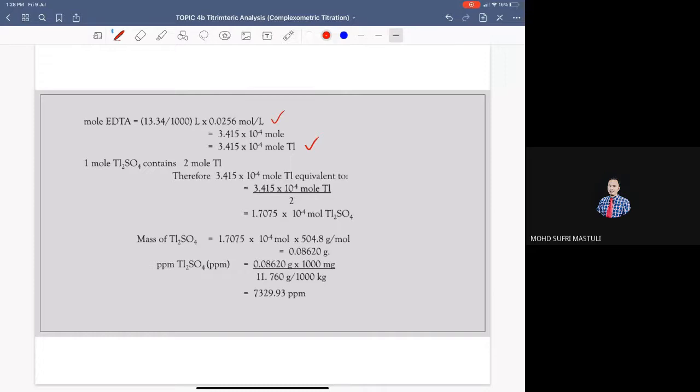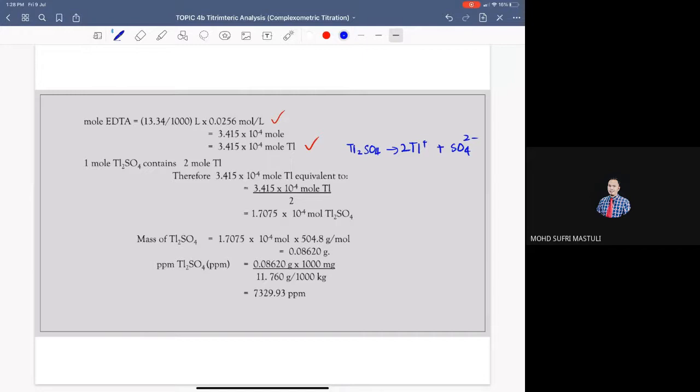Okay, so in Tl2SO4, you know this is Tl ion plus this SO4 2 minus, so this one is 2.